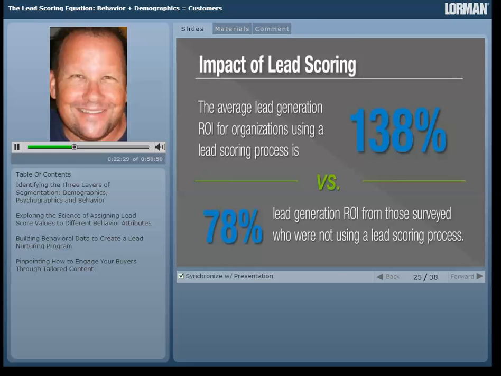The average lead generation ROI for organizations using a lead scoring process is 138% versus just 78% for those who are not using a lead scoring process. So I don't know about you, but I will take 138% any day over 78. So really important. Organizations are seeing a lot of success with this method.